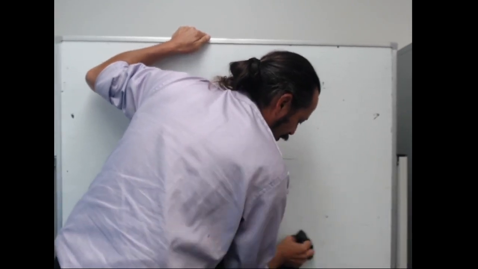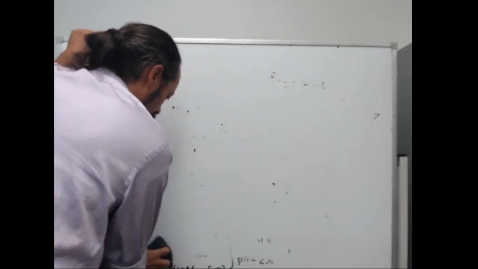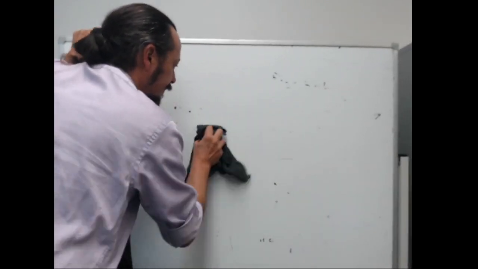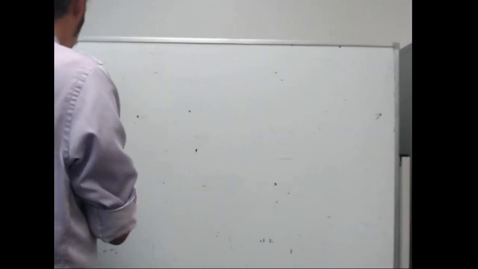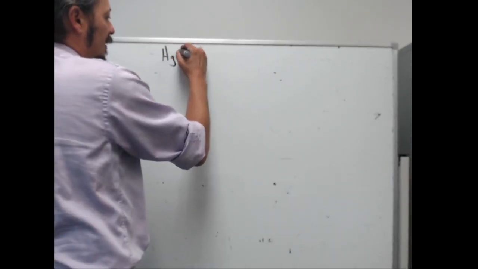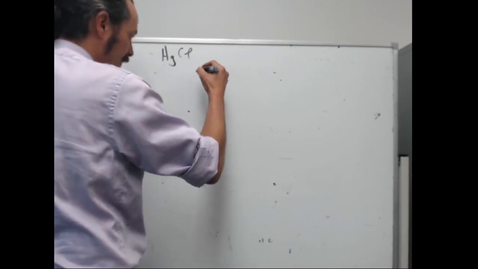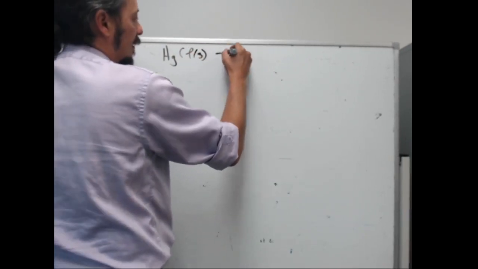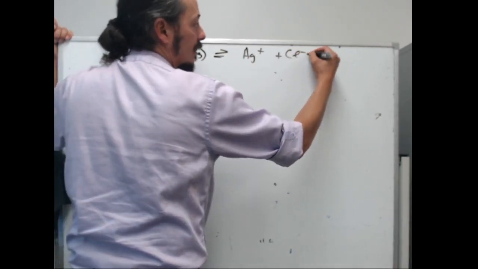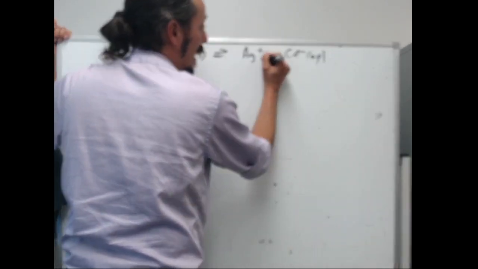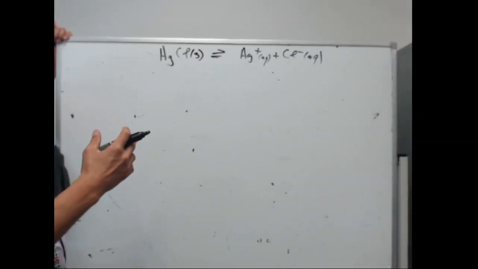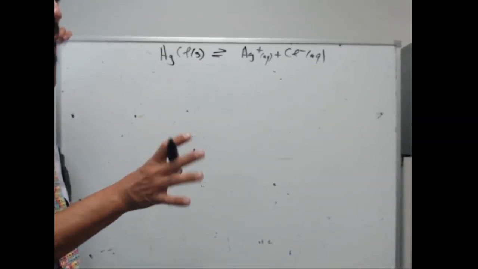And it's the reaction quotient, as the name implies. So we're looking at AgCl solid, Ag plus and Cl minus, both aqueous. Since we're not including solids or pure liquids, states of matter become really important because they tell us what we include.